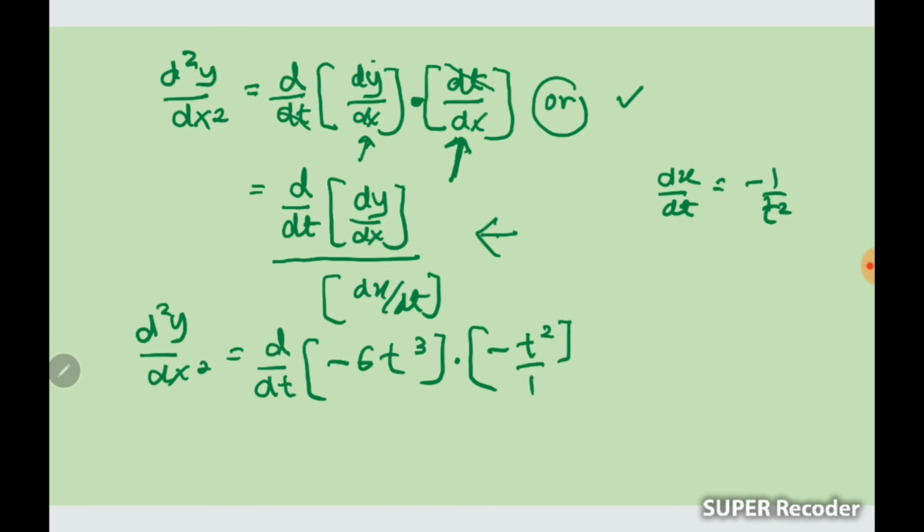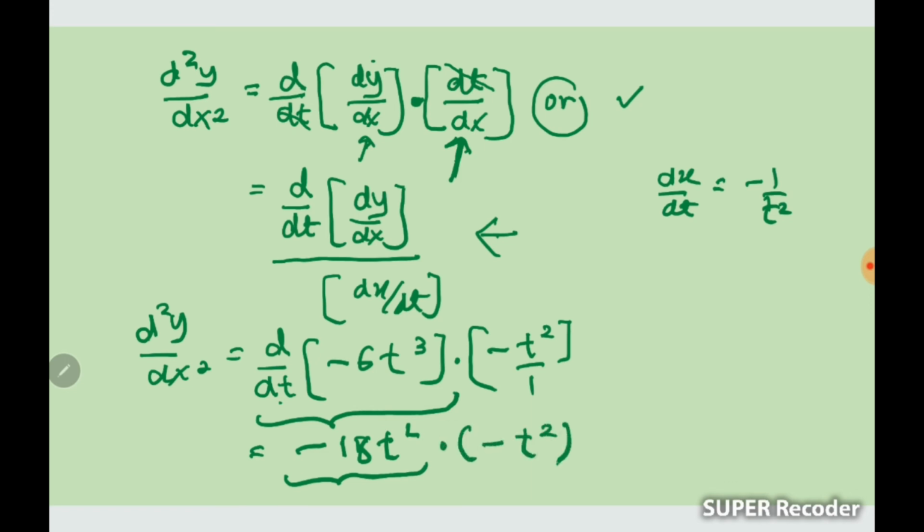Simplify, you have to differentiate first with respect to t. Differentiate negative 6t cubed, the answer is negative 6 times 3, 18t to the power of 2. This is the derivative of negative 6t cubed with respect to t. Then you multiply with negative t squared. So finally our answer is negative times negative, positive 18t to the power of 4.